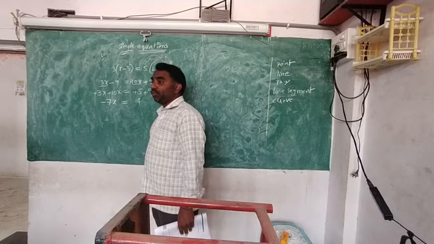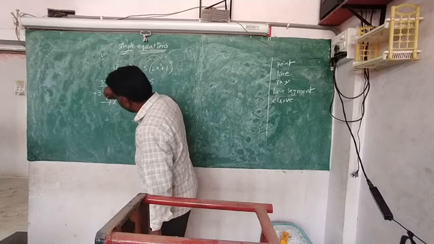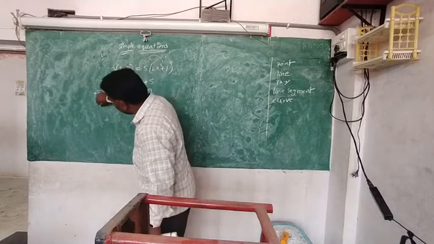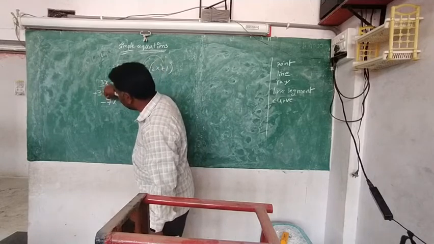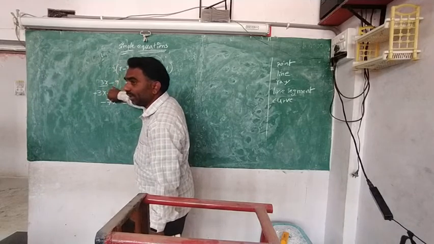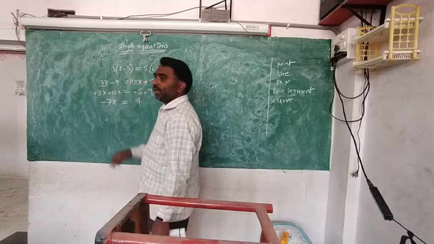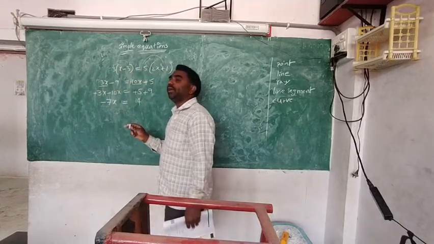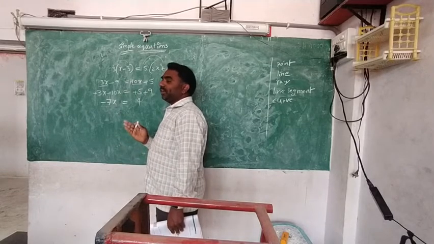But minus 7 means don't think it is subtracted. What is the minus 7 doing with x? Minus 7 is multiplying with x. If you send it to this side, it will divide. Multiplying's opposite action is divide.